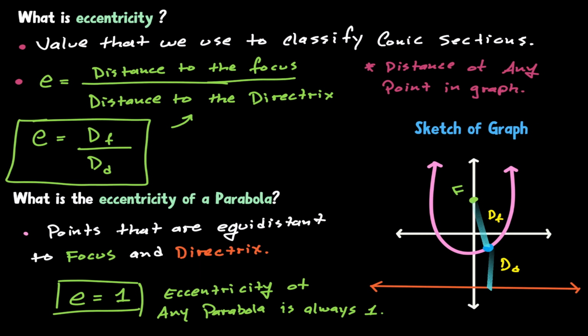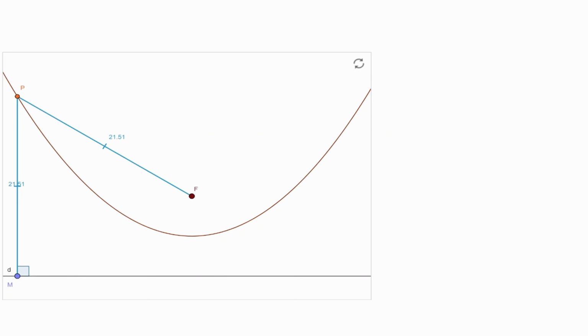So now let's illustrate this result. Well, let's recall that we said that the eccentricity is defined as the ratio between the distance that any point has to the focus divided by the distance that any point has to the directrix. But let's choose any point in the parabola on the left, and let's see what's the ratio that we obtain.